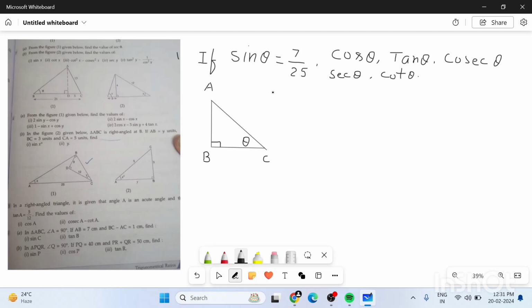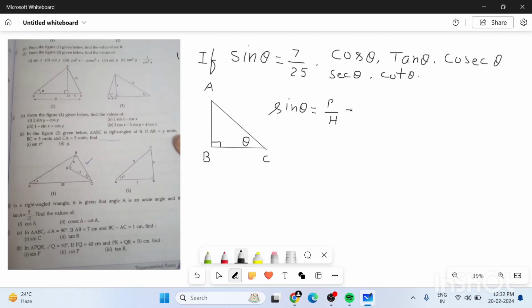Now using this sine theta, we can find the hypotenuse and the perpendicular. So we can write sine theta is equal to the opposite side, or you say perpendicular to the angle of reference, over hypotenuse.